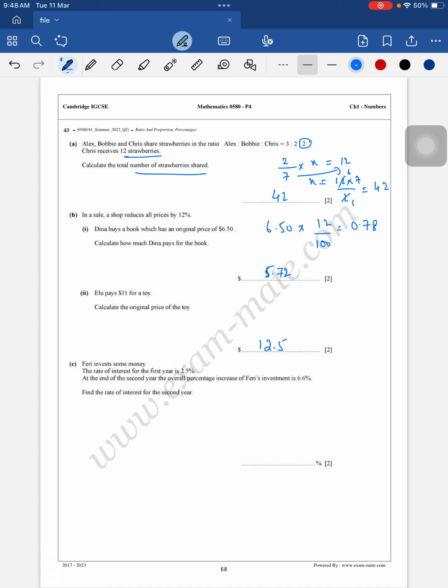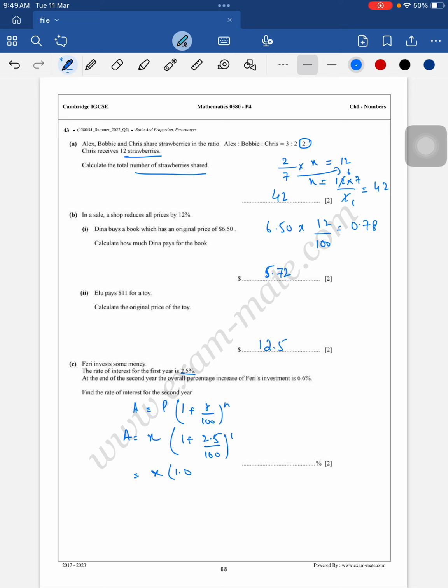Since it's compound interest, the amount is equal to the principal times the compound formula, 1 plus r upon 100 to the power n. So the principal I'm supposing to be x, and for the first year, 1 plus 2.5 upon 100 is basically 1.025.